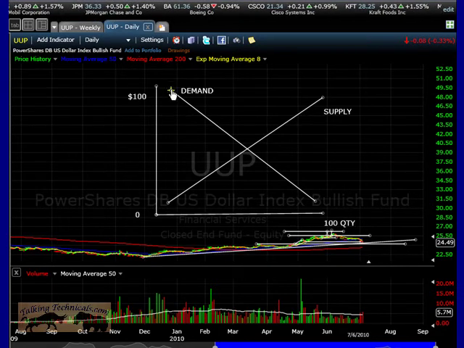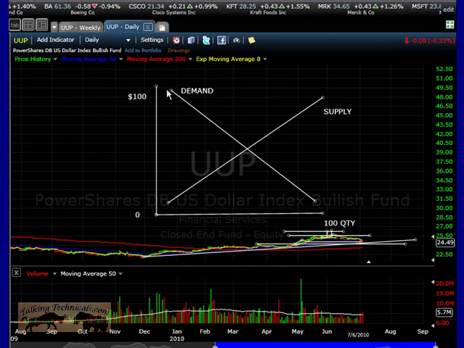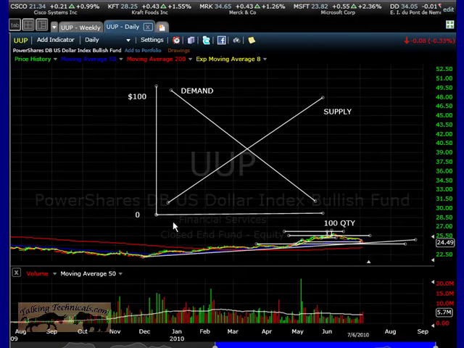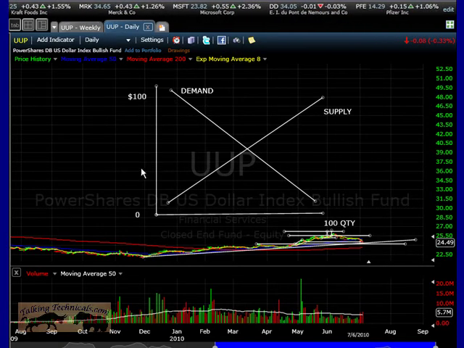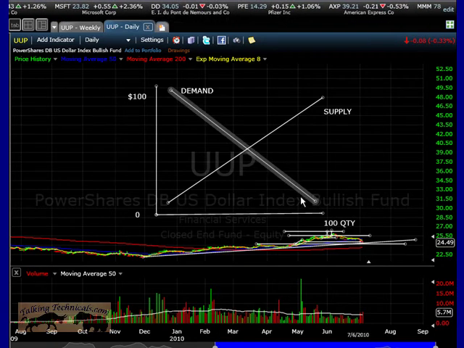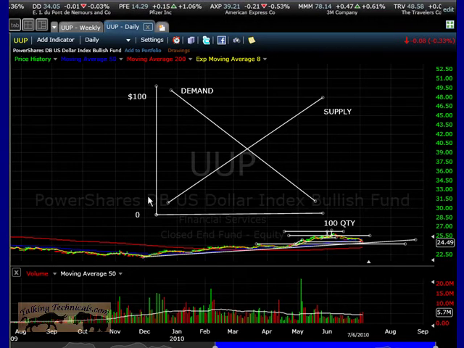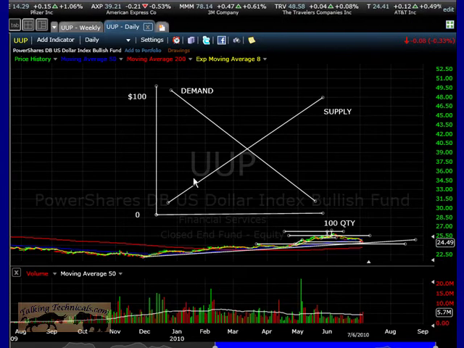So your demand obviously is, if the price is high, you're not going to want to buy very many houses. And as price comes lower, the demand curve slopes down. So the people want to buy more houses at lower prices, and the supply curve is the opposite.